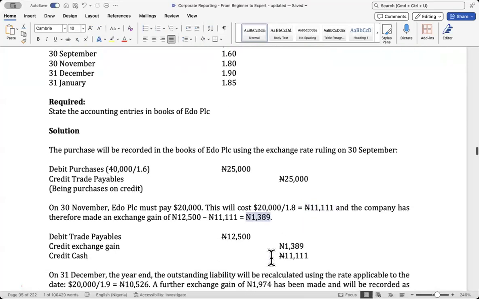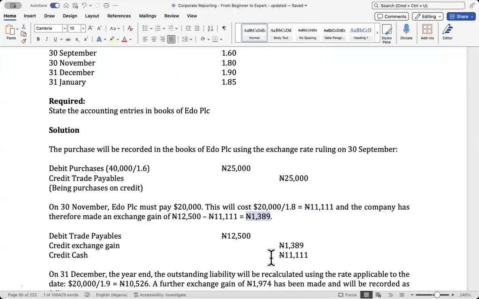Because the requirement is that we must settle in equal installments, we'll debit our payables by half, because what is in our payable is 25,000. So we debit half. Then, of course, we know that we have made a gain of 1,389 and we paid 11,111 naira.